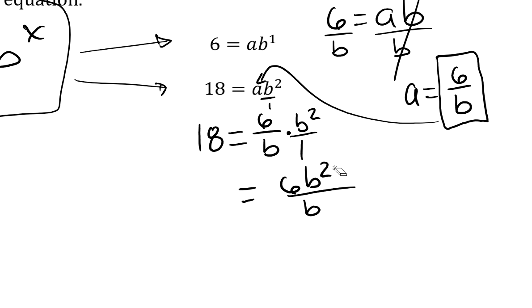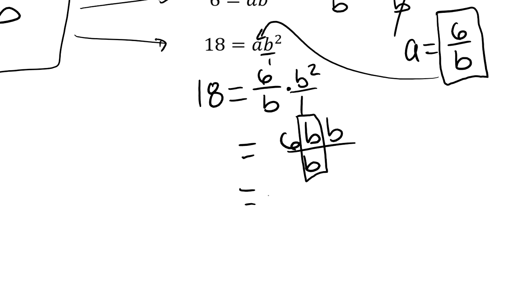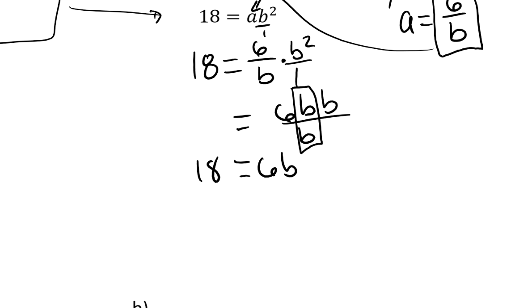In fact, I can write b squared as b times b, so I can clearly see there's a giant 1 there. So that right hand side becomes simply 6b after I simplify it, and the left hand side is 18. And if I divide both sides by 6, we can see that b has to be the number 3.